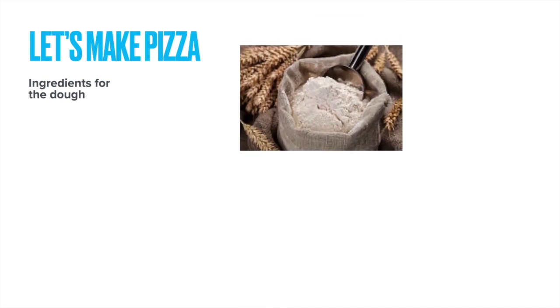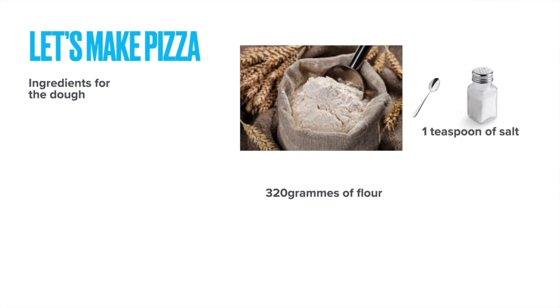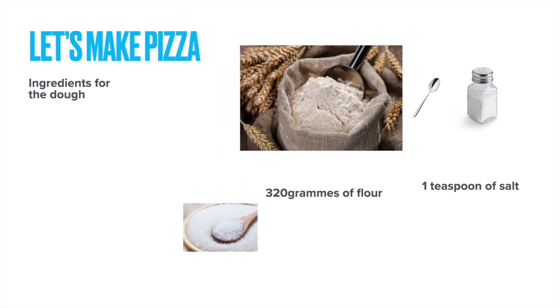Now, let's make pizza. So, the ingredients for the dough. What are the ingredients for the dough? We need flour, 320 grams of flour, 1 teaspoon of salt. We also need 1 teaspoon of sugar.